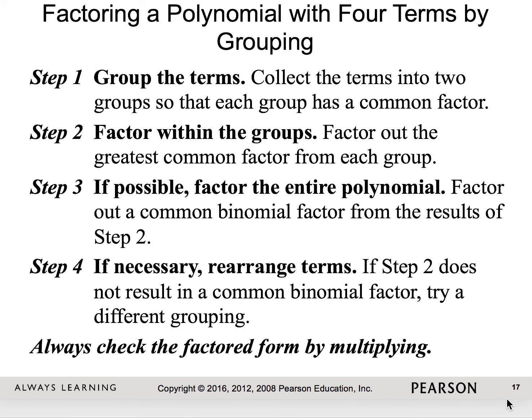All right, now there's an overview of how to factor a polynomial with 4 terms by grouping. If you want to pause it and read that, those are the steps we were just doing. It's just written out for you right here.